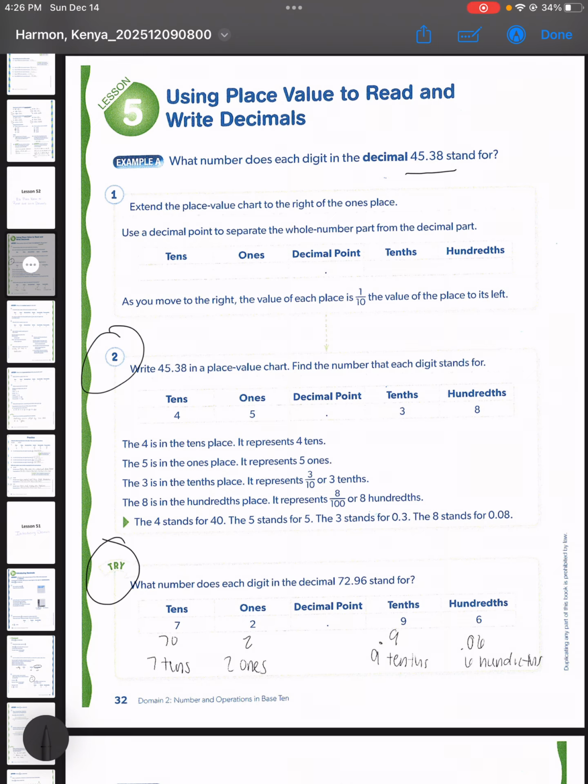So when they get to the try it, again, students are going to have that place value chart. They're going to write the digits in the chart, and then they're going to be able to identify the place value for each digit.